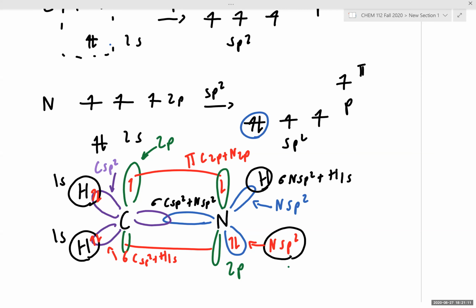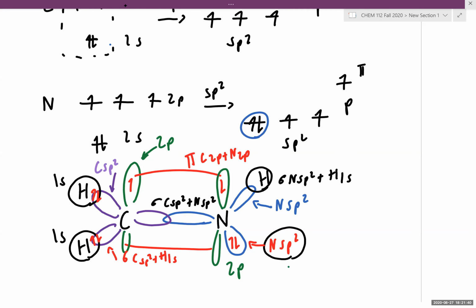You will have to generate similar orbital pictures for some of your subsequent quizzes and homework assignments. Does this make sense to everyone, this procedural process for drawing out each of our orbitals and how these orbitals overlap? Does this make sense to everyone so far? Any questions?